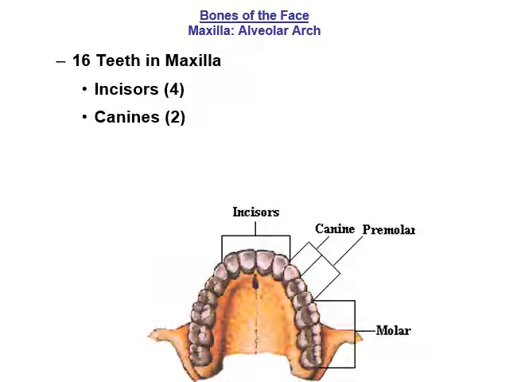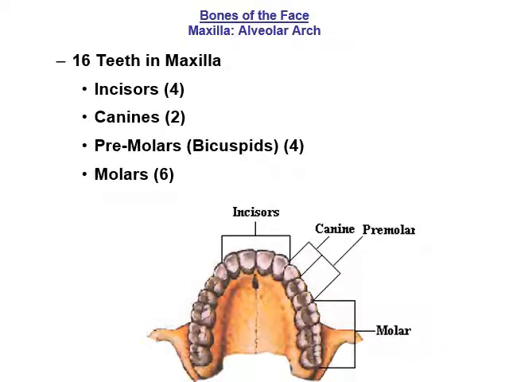The alveolar arch, if you notice, changes directions at the canines. So it's got some anterior curvature here, but it takes on that really horseshoe shape right after the canine. It goes more directly back. You'll then have 4 premolars or bicuspids and 6 molars. Those are the back teeth.